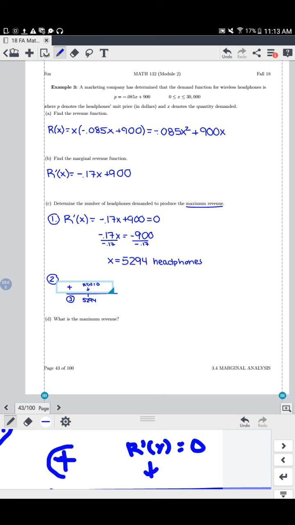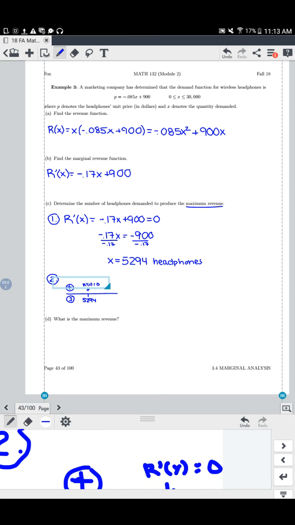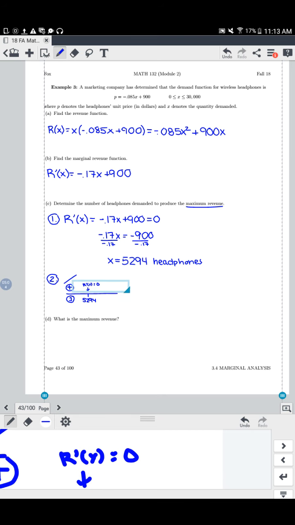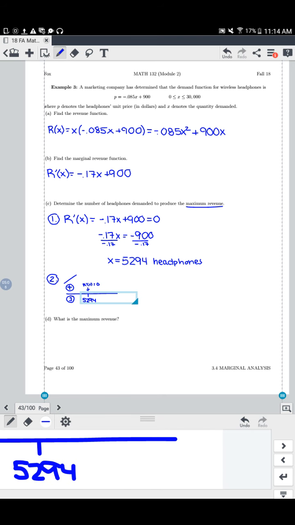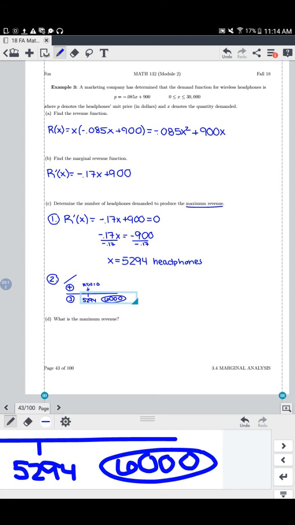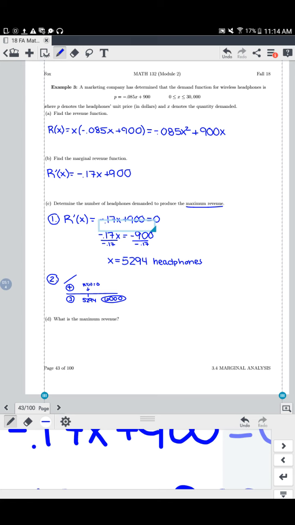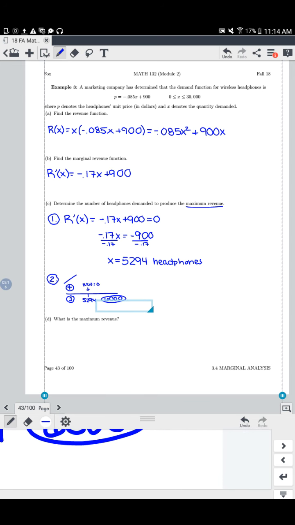I'm definitely going to have a positive number. So we have a positive derivative, which means before our critical number, we're increasing. If I plug in anything after, maybe I'll plug in 6,000. Here I might need a calculator. Negative 0.17 times 6,000 gives me negative 1020 plus 900.